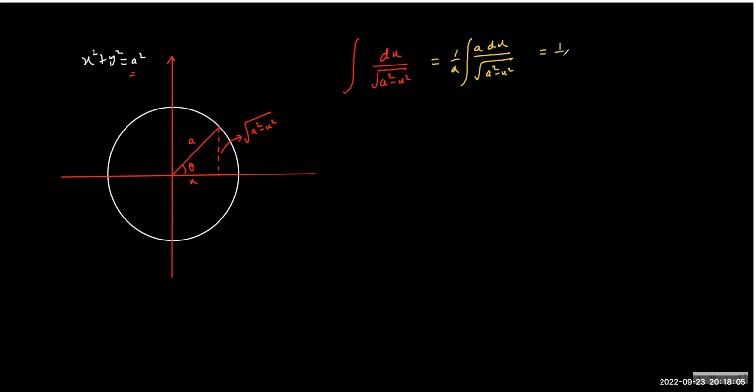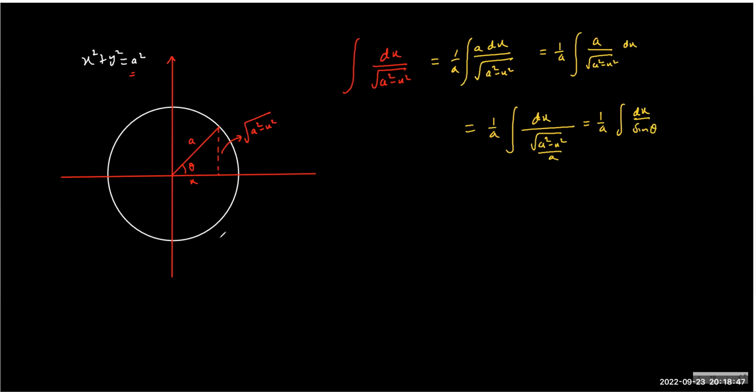And if I look carefully, the root of a square minus x square upon a, what is it representing, by the way? It is representing sin theta.